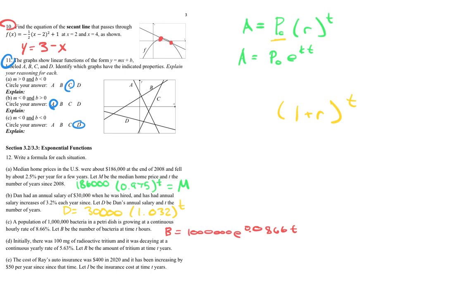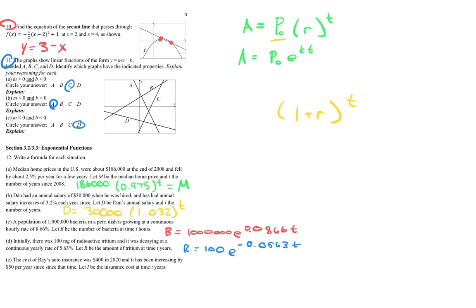So our amount is equal to our initial amount, 100, times e, and because we're decreasing, this is negative, and then our rate, 5.63% as a decimal, 0.0563, and then our time, t. So that's that one done.